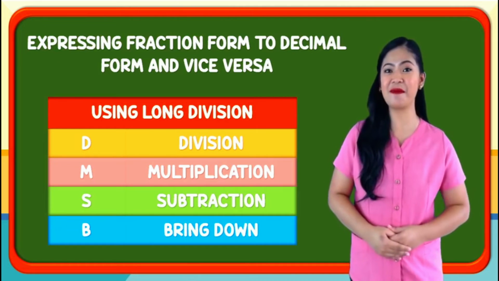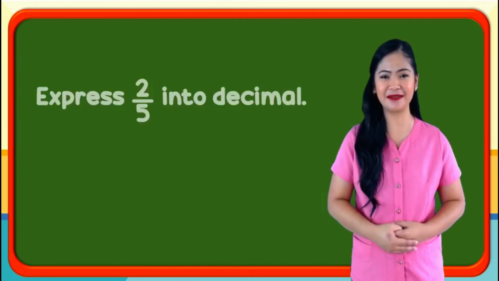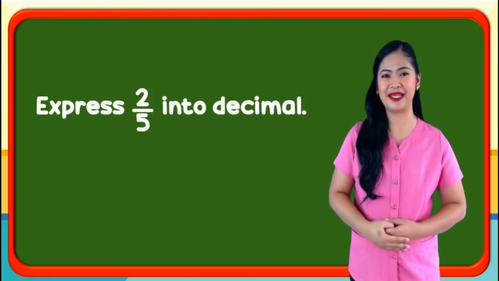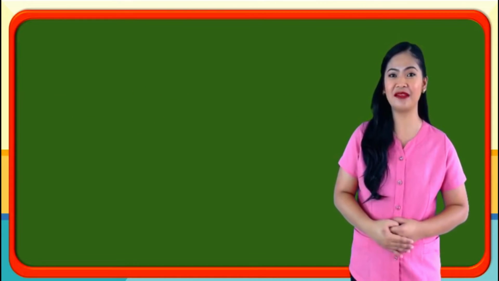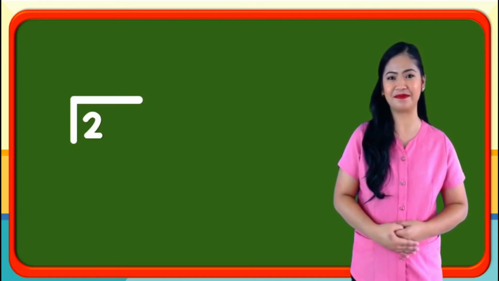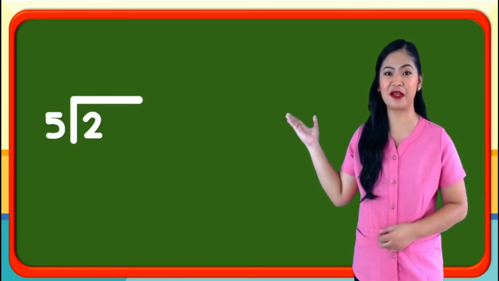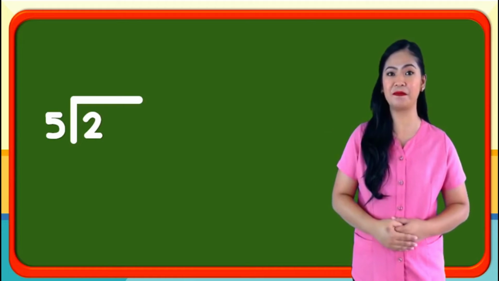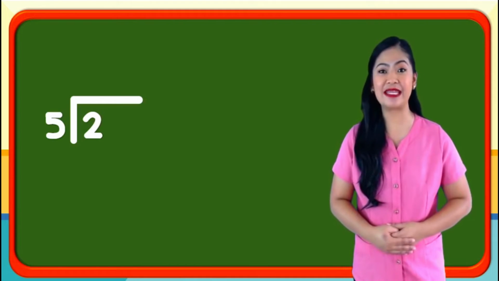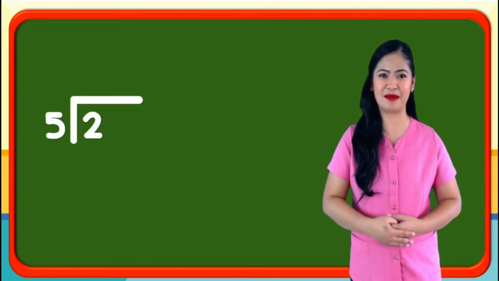I have here some examples to show how it is done. For the first one, express 2/5 into decimal form. So, using long division, we are going to divide the numerator by the denominator. That means the numerator 2 will be the dividend, which will be written inside the division symbol, and 5, which is the denominator, will be the divisor, so it will be written outside the division symbol.